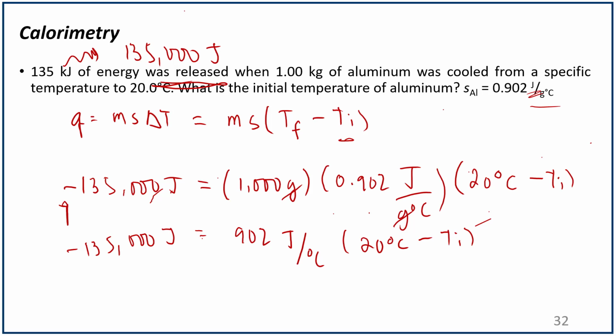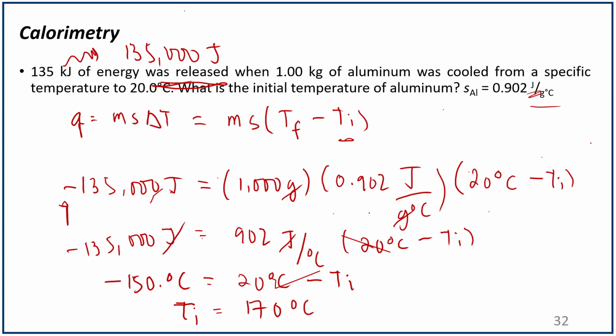If we divide both sides of the equation by 902 joules per degree Celsius, we cancel out the units joules, and we end up with negative 150 degrees Celsius on the left side, which is equal to 20 degrees Celsius minus Ti. And if you solve for Ti, that will be 170 degrees Celsius.